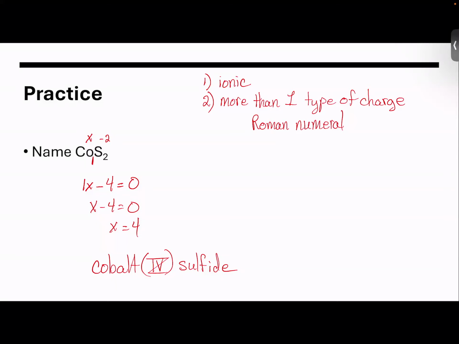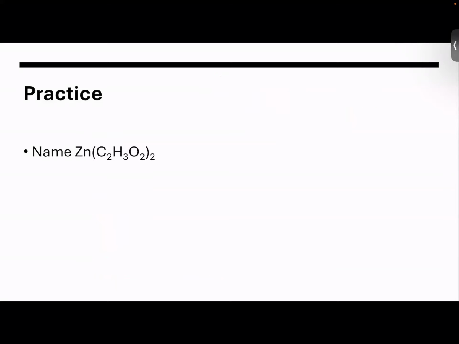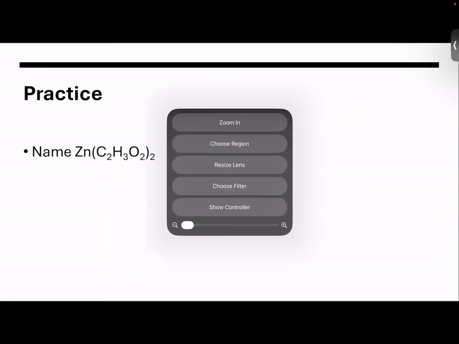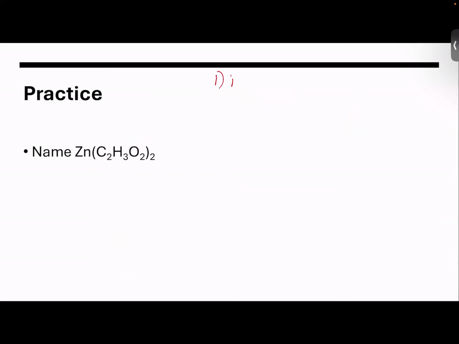Okay, let's look at another example. Ionic or molecular? Again, it's ionic. I mean, that's where we're at today, but still, that should always be your first question. Now, one type of charge or more than one type of charge?